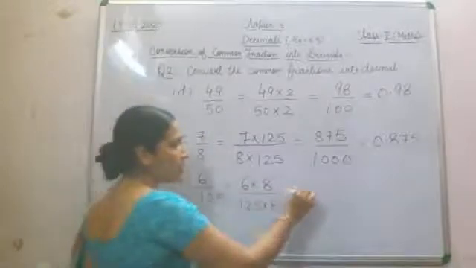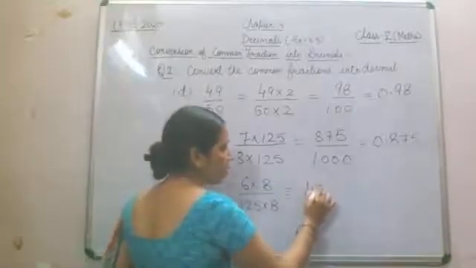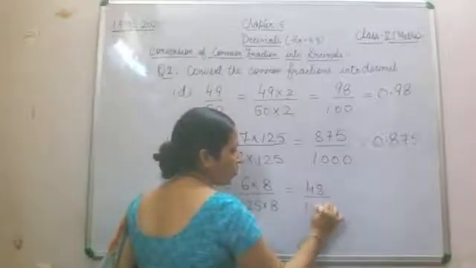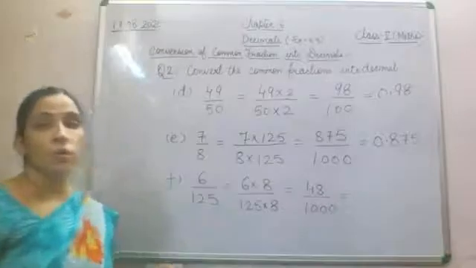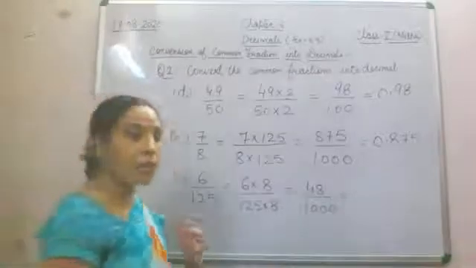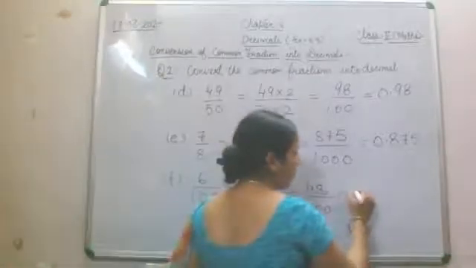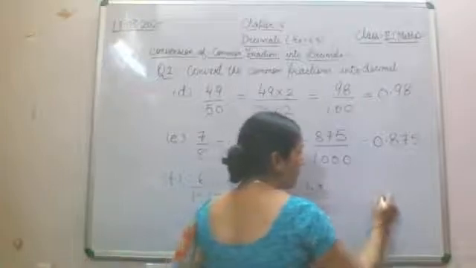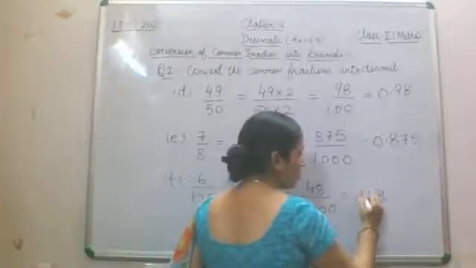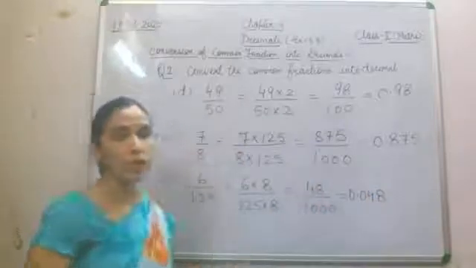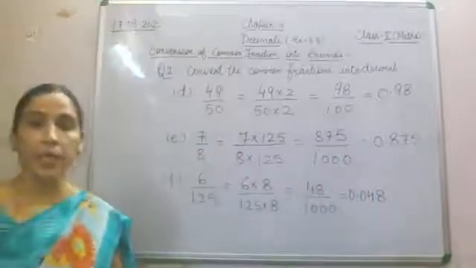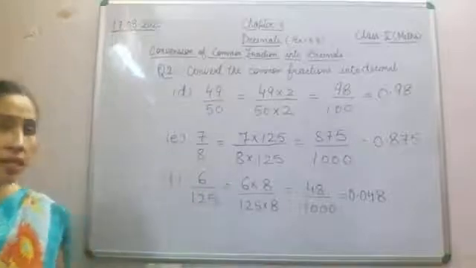So 6 8s are 48, and in the denominator we will get 1000. So what will we do now? We'll start counting from the back and just put the decimal. Now 2 places we already have, so the third place will be 0. This will be the answer, 0.048.